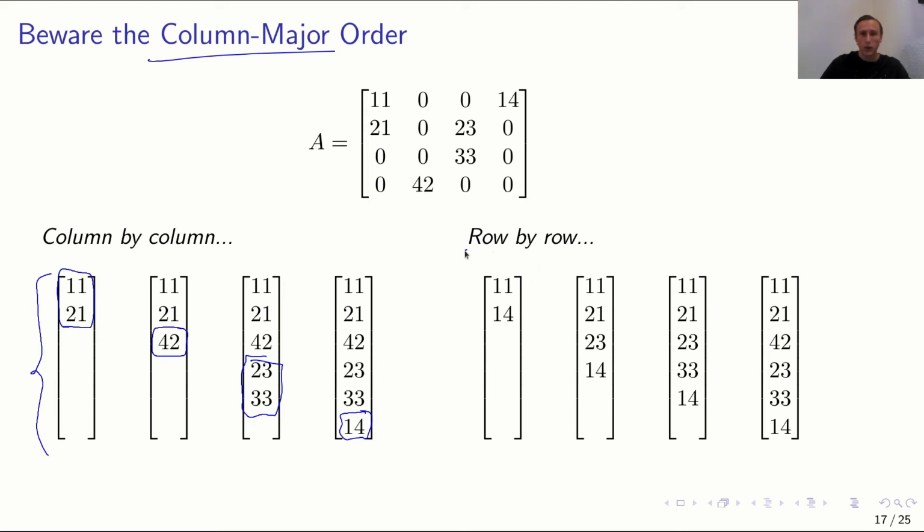However, if you were to try the same approach in a row by row fashion, Matlab would have to move the data. So for example, if you specify first this first row, 11 and 14, and then you specify the second row, 21 and 23, then Matlab will have to check that 21 actually appears in column 1 and 23 appears in column 3, which means they appear before 14 in a column major order.